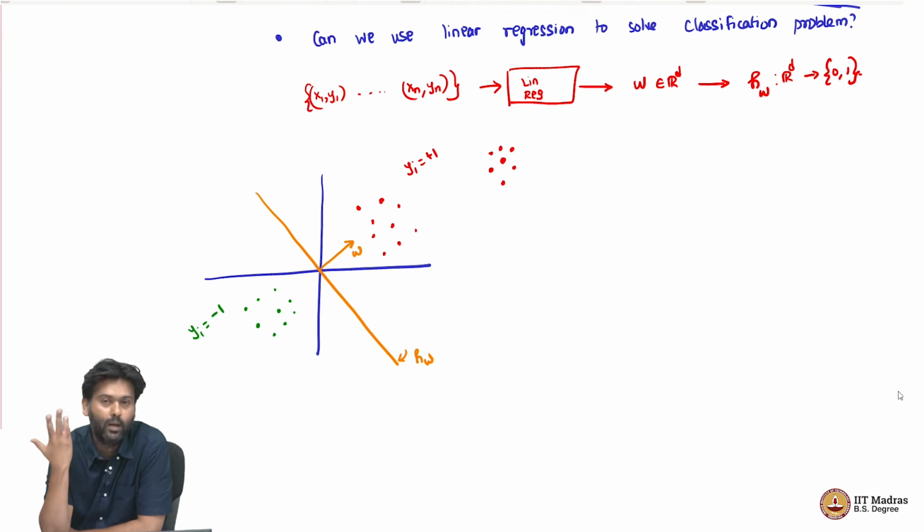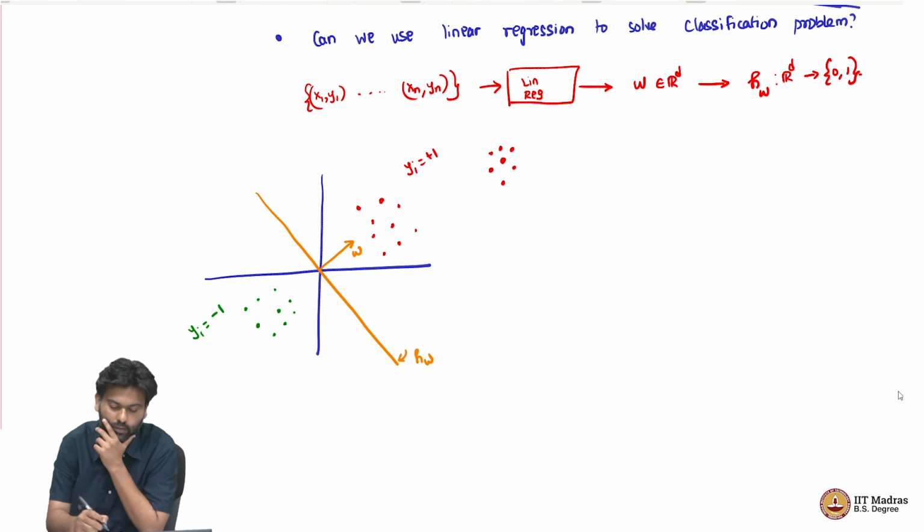So, if you had run a classification algorithm, it might still get you the same line, which separates the positives from the negatives. But now regression is going to not just minimize the 0-1 loss, it is trying to minimize the average deviation between W transpose X and the corresponding Y.